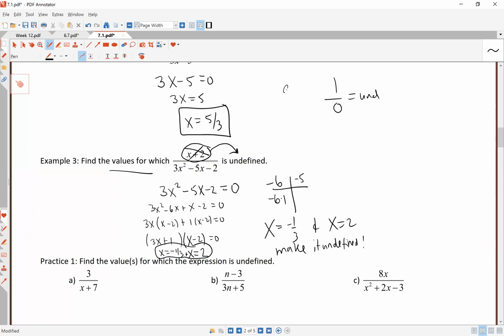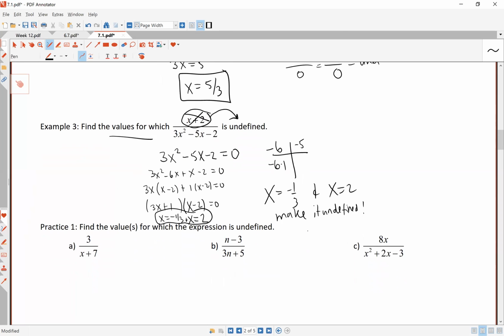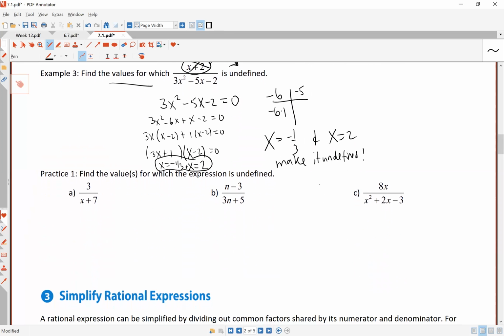I can have anything on the top, but if 0 is on the bottom, it's undefined. So I don't care what the value of x plus 2 is. Only the denominator when we talk about undefined. Okay, so what value makes 3 over x plus 7 undefined?